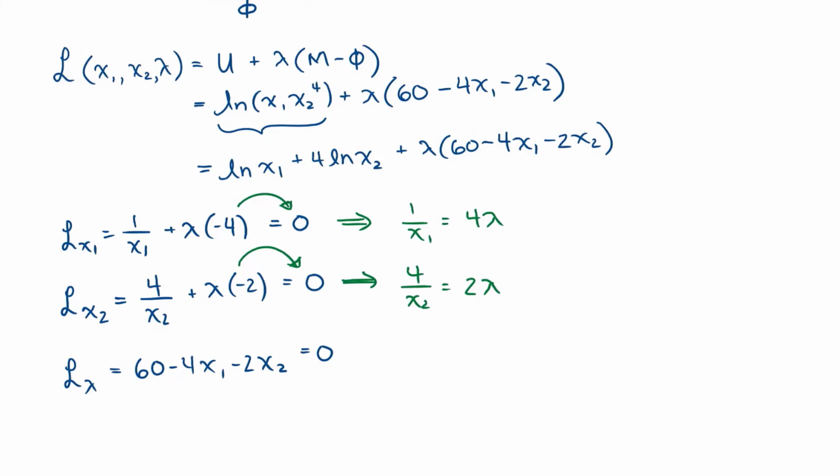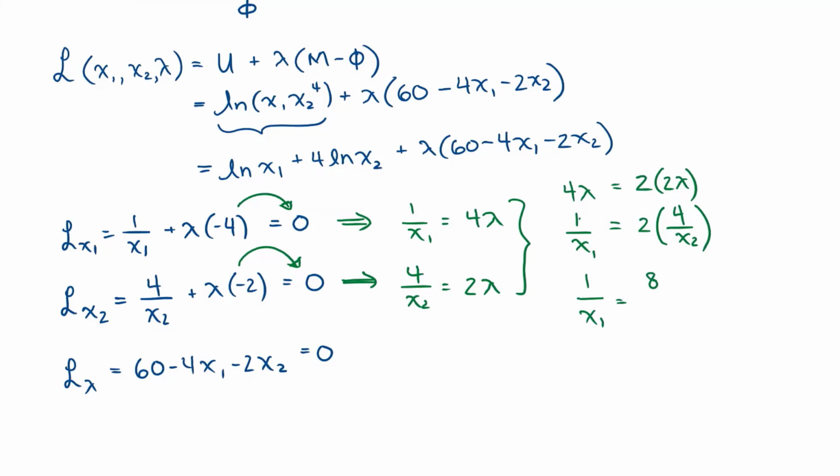So now what I'm going to do with these, this time I'm going to go 4 lambda, 1 over x1, is going to be equal to 2 times 2 lambda. So that's going to be 2 times 4 over x2. So I get 1 over x1 will be equal to 8 over x2.